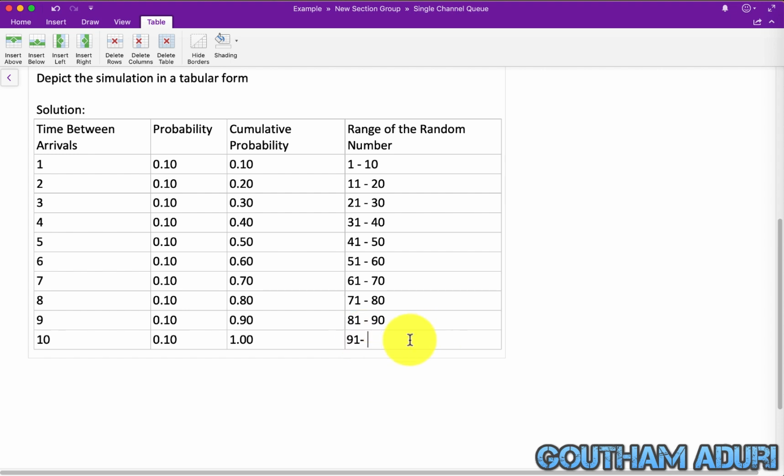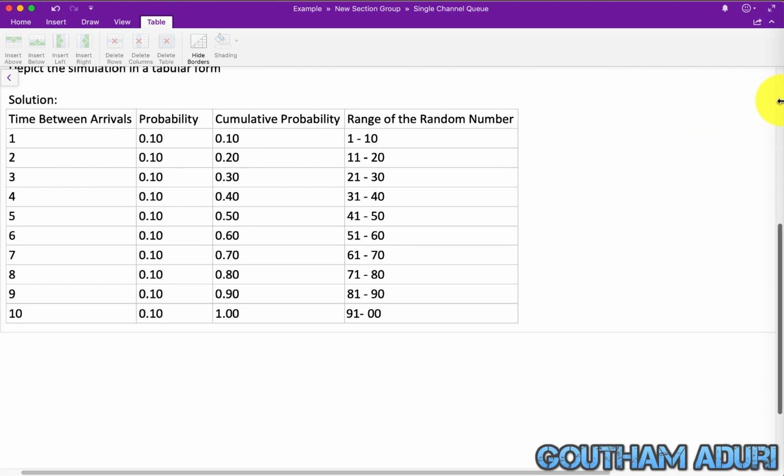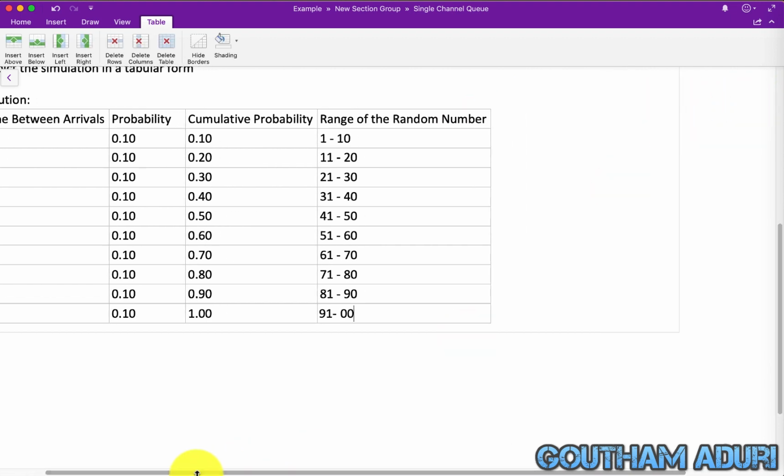Since it's all two digits, I'll put 00, or you can put 100, no issues.